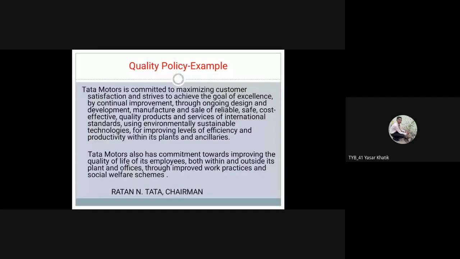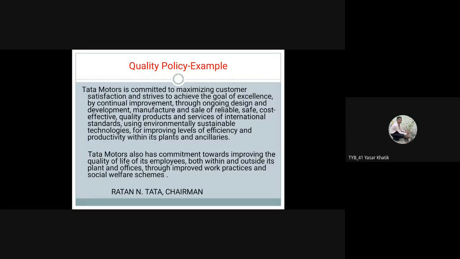Whatever goals and objectives Tata Motors has set, they have already achieved, but each year they set different objectives and goals regarding production, sales and services. At the Indian market level they are always at the top, and they are giving some services with their motivation speech like Ratan Tata, and they are giving some welfare service also.